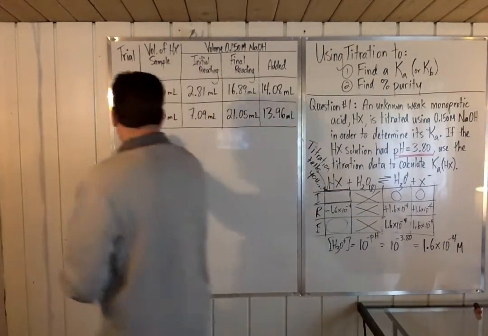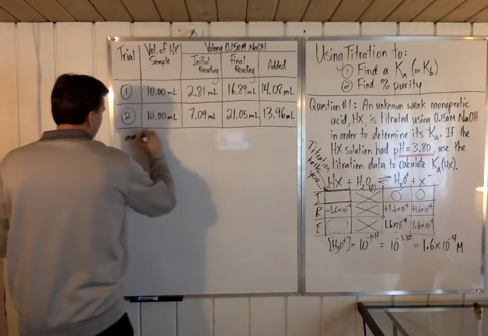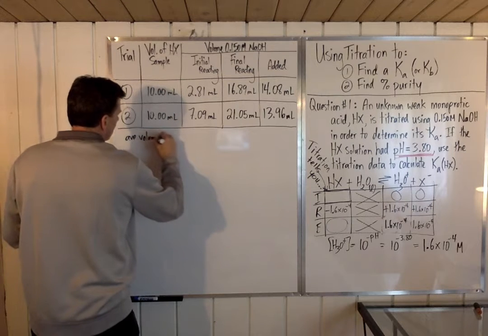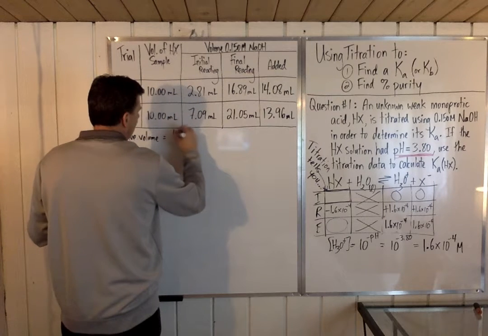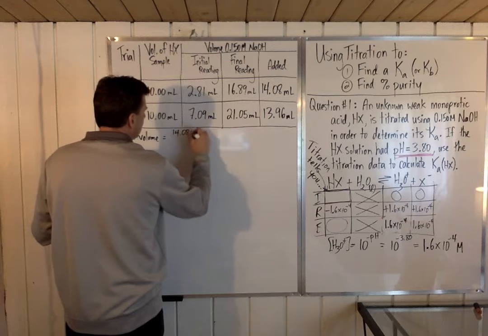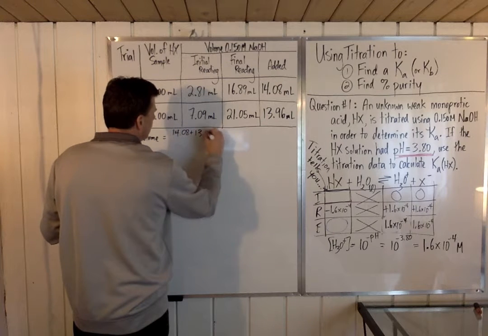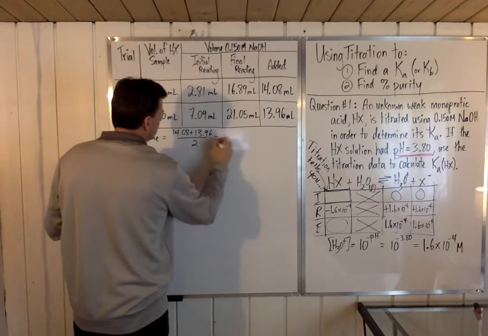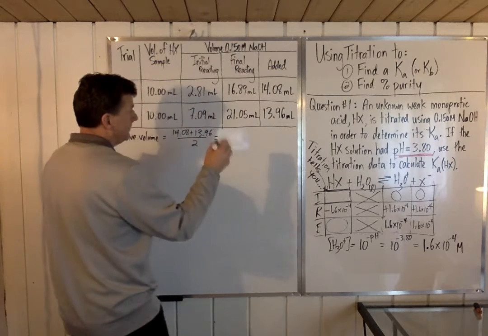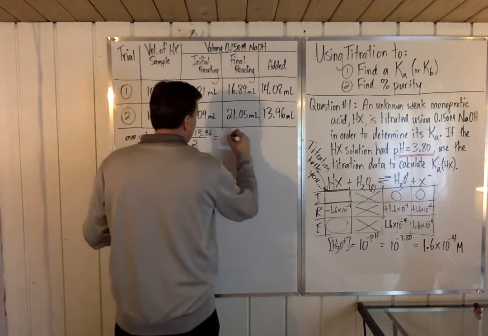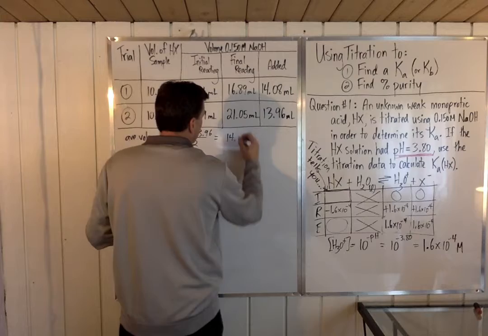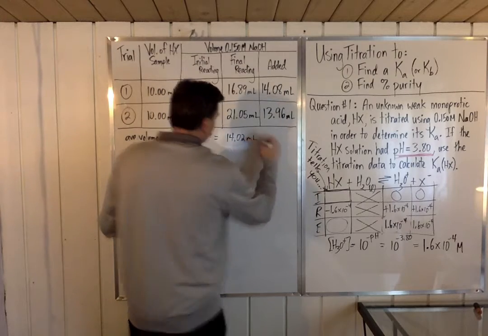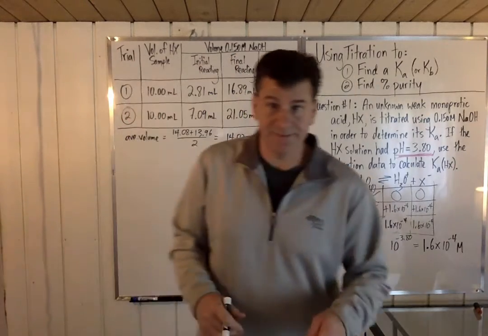So the average volume equals 14.08 plus 13.96 divided by 2, which equals 14.02 milliliters of base that was added.